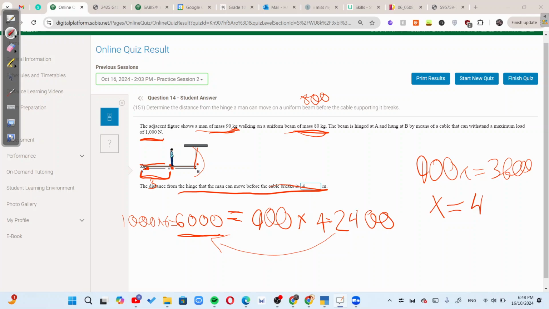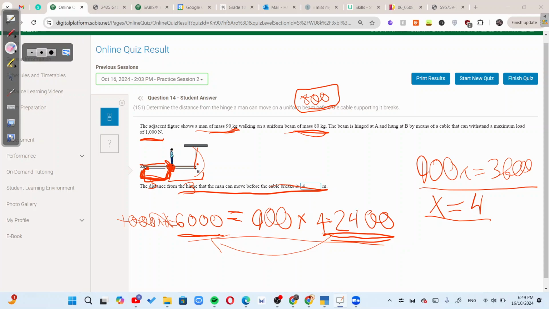And you add it to the moment of the center of gravity of this beam. Since the beam is equally cut into 3 and 3, the center is somewhere here where the man is now standing. So you do 800, which is the weight, times the distance 3, you get 2400. Then when you substitute it, you get this, and then x equals 4.